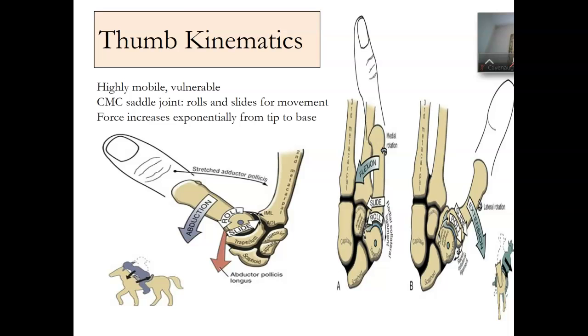You can bend it up and down in that one plane, flexing and extending it, but you can also do circumduction, all these different motions, and it connects to all these different parts of the hand. It's rolling and gliding, and that trapezium, there it is right there, sits in a saddle. That's what this is. It's kind of like a circle sitting in a little saddle. That's why they call it the saddle joint, as it rolls all over the place.